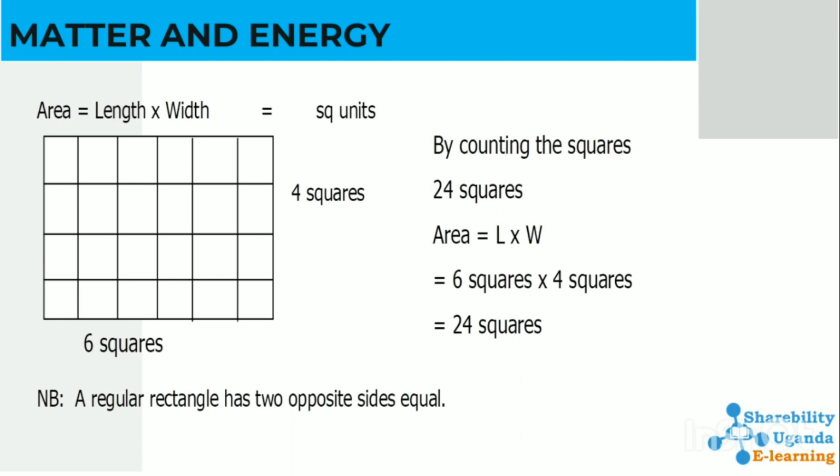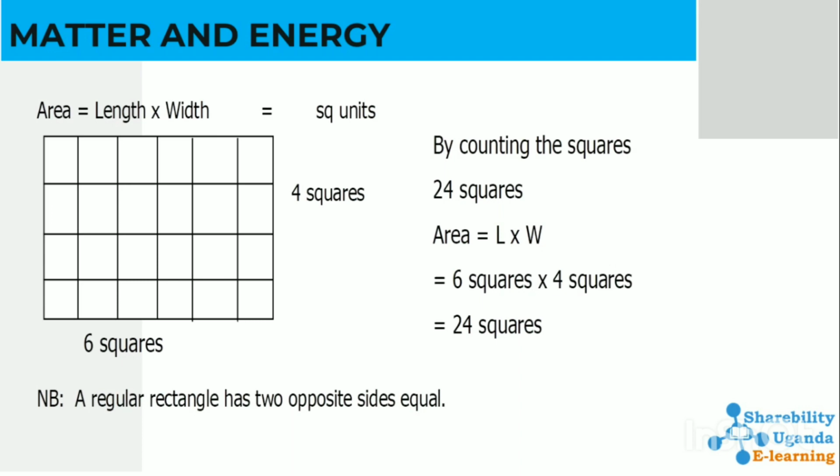The longest side, which we define as the length, has 6 squares, and then the shortest side, which we said is called the width, has 4 squares. So therefore, we can find the area of this rectangle by multiplying these squares.